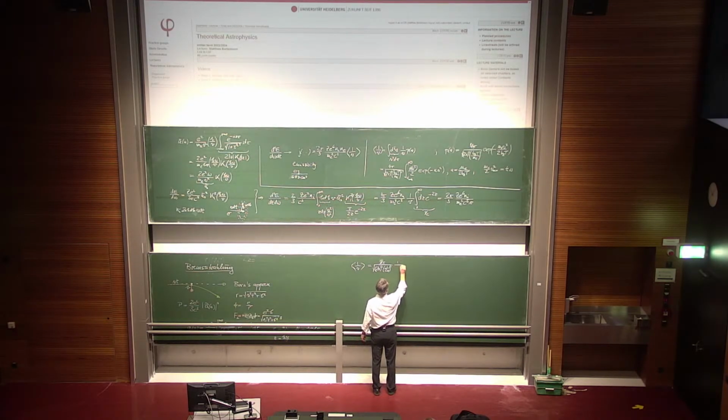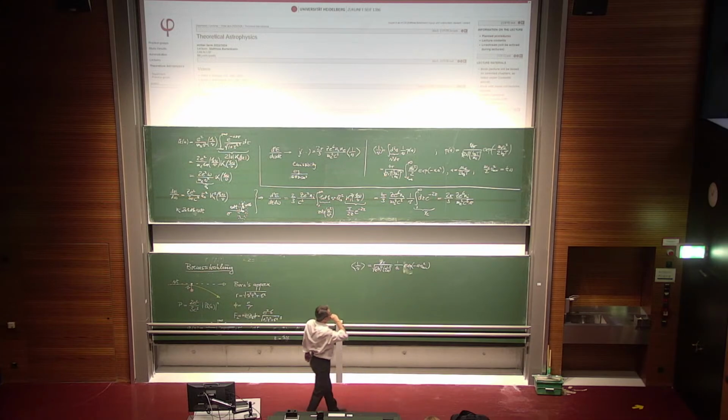So this gives me a 1 over a evaluated at 1 over a times the exponential of minus a times minimum velocity square. Okay, that's fine.